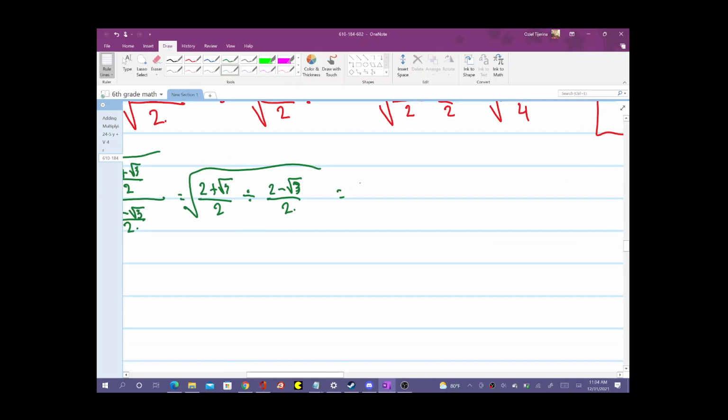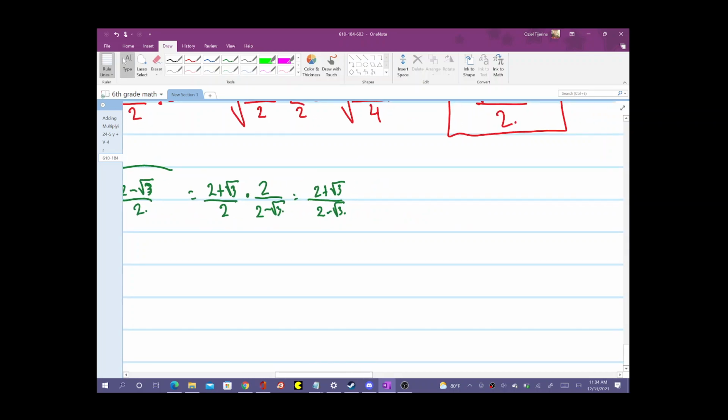So then this becomes 2 plus square root of 3 all over 2 times 2 over 2 minus square root of 3. This becomes 2 plus square root of 3 over 2 minus square root of 3. And to rationalize a denominator, just multiply by the conjugate. So 2 plus square root of 3 on top and bottom, because the conjugate of 2 minus square root 3 is 2 plus square root 3, right?